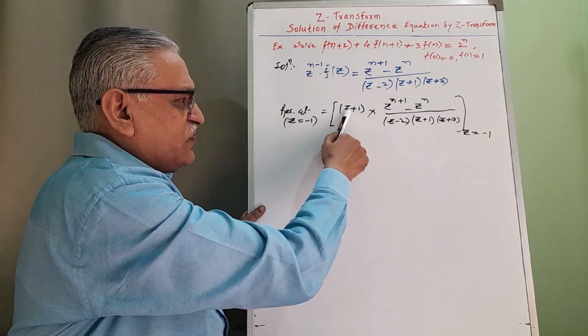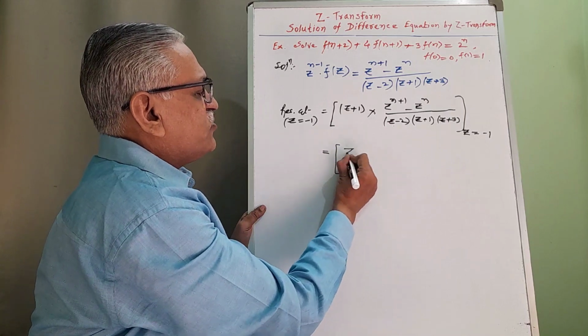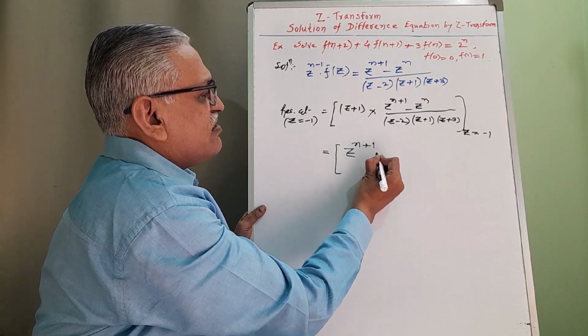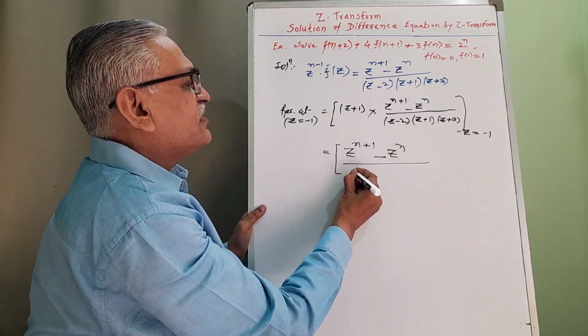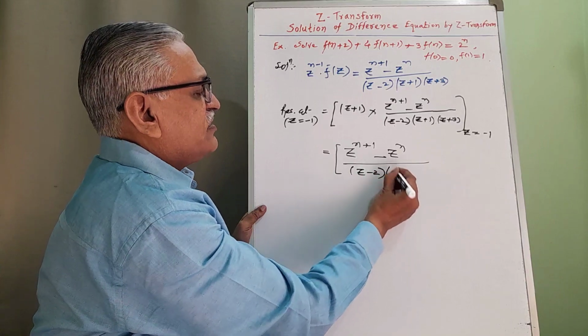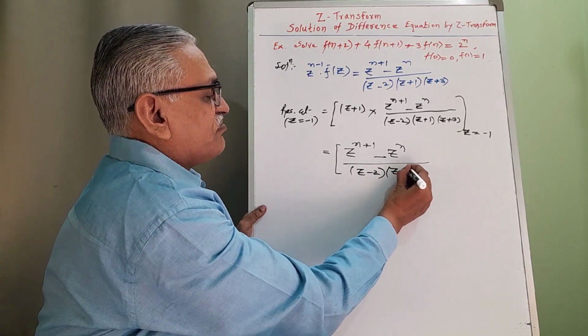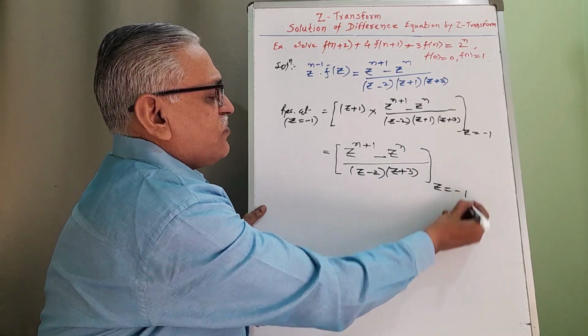This time this z plus 1 gets cancelled, and the remaining terms are z raised to n plus 1 minus z raised to n, whole divided by z minus 2 and z plus 3, at z equals minus 1.